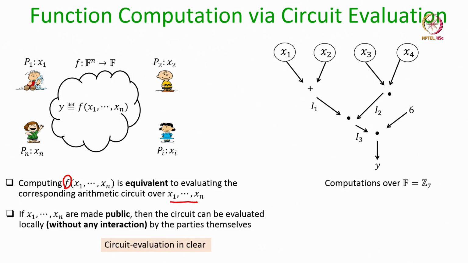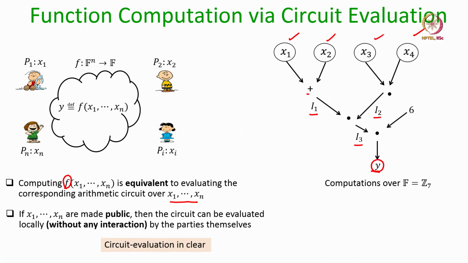This is because if the parties make their inputs x1 to xn public, okay, then anyone can compute the output of the function by evaluating each gate, namely if the values of x1, x2, x3, x4 are known publicly, and then since the circuit is publicly known, everyone can find out what will be I sub 1, everyone will be able to find out what is I sub 2, everyone will be able to find out what is I sub 3, and then everyone will be able to find out what is y, and y is the corresponding function output.